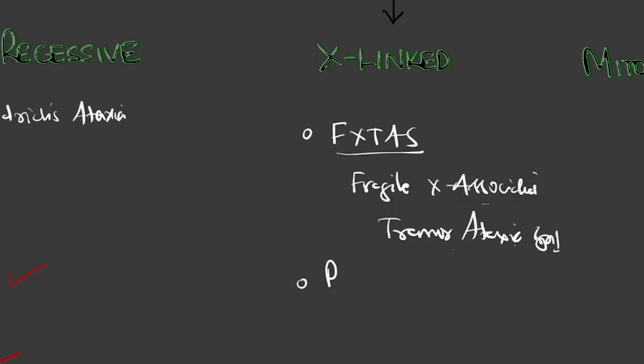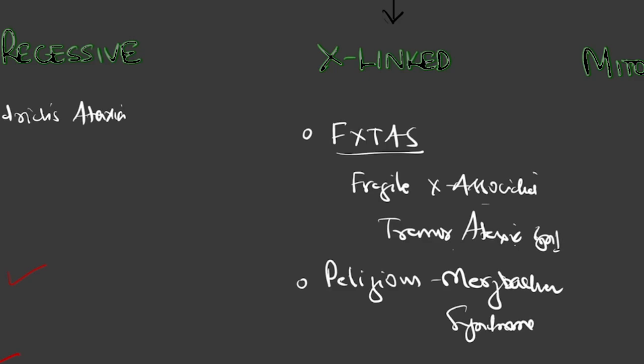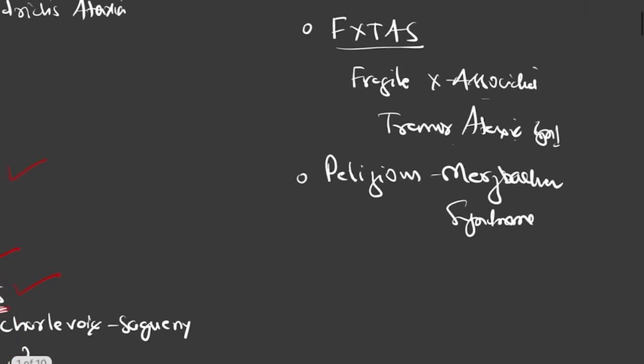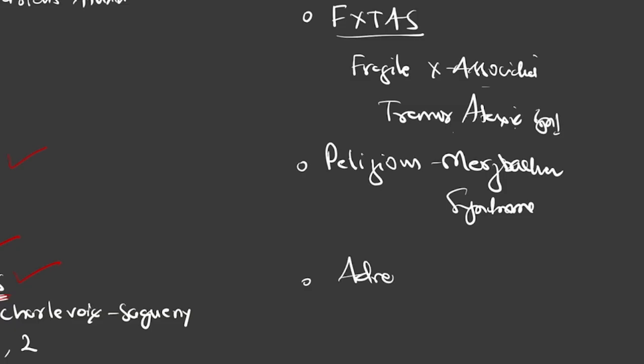Then we have Pelizaeus-Merzbacher syndrome. Then we have adrenoleukodystrophy, which is due to the ABCD1 gene.